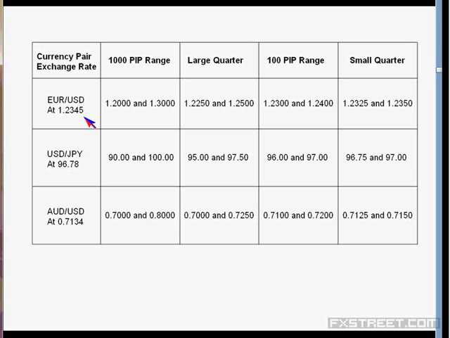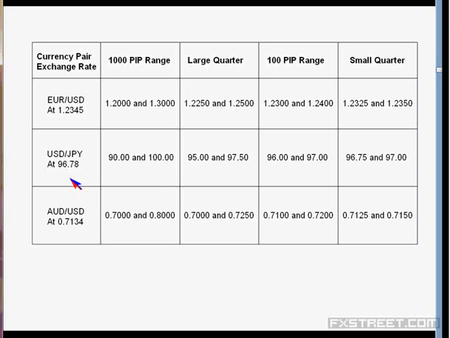At $1.2345, the euro-dollar is trading between $1.23 and $1.24. Those are the whole numbers that define the 100 pip range. If we zoom in even further, what would be the small quarter of 25 pips that the euro-dollar exchange rate would be trading within? That would be the small quarter between $1.2325 and $1.2350.